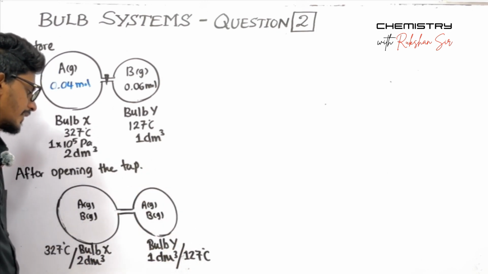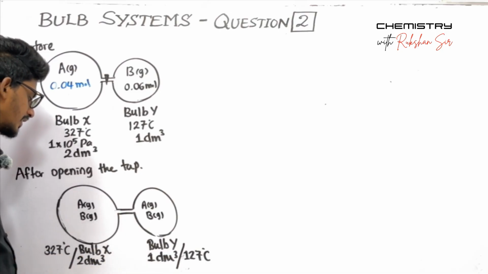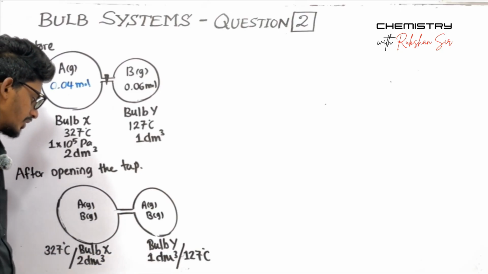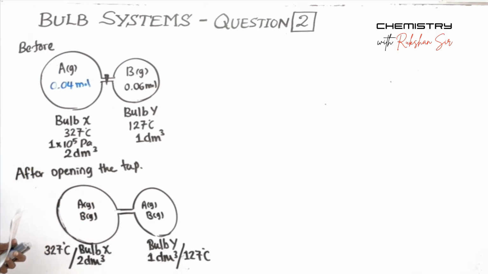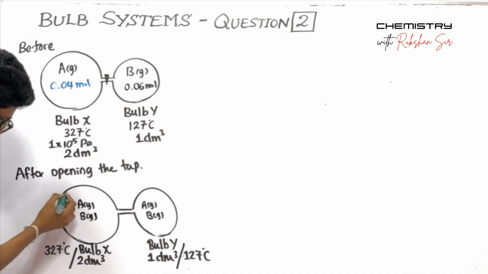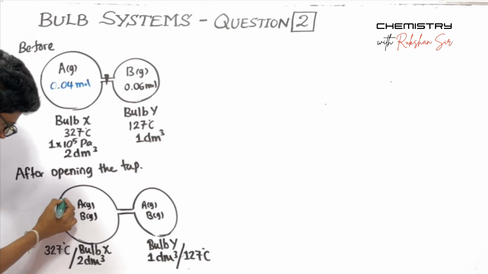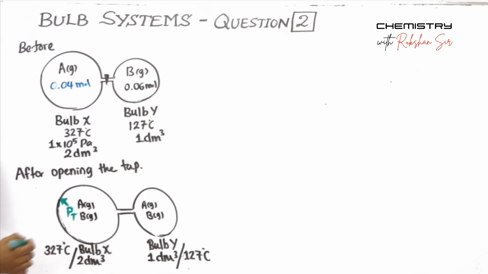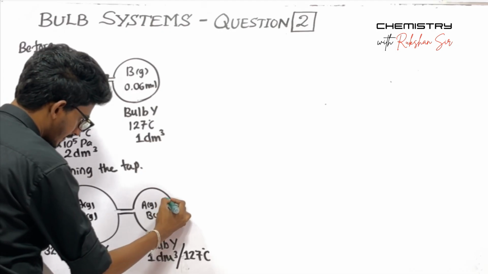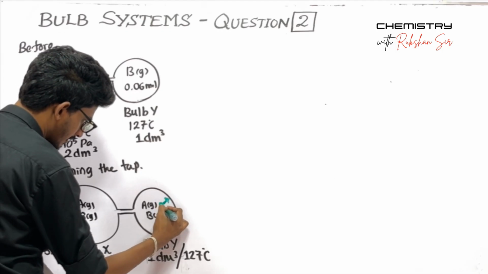Now the concentrations would be the same. That means the mole fractions would be the same. What about the total pressure? If you think of the total pressure with both bulbs, that is going to be the same. Until the pressures become equal, the mixing will occur. That is the idea here with the bulb systems.